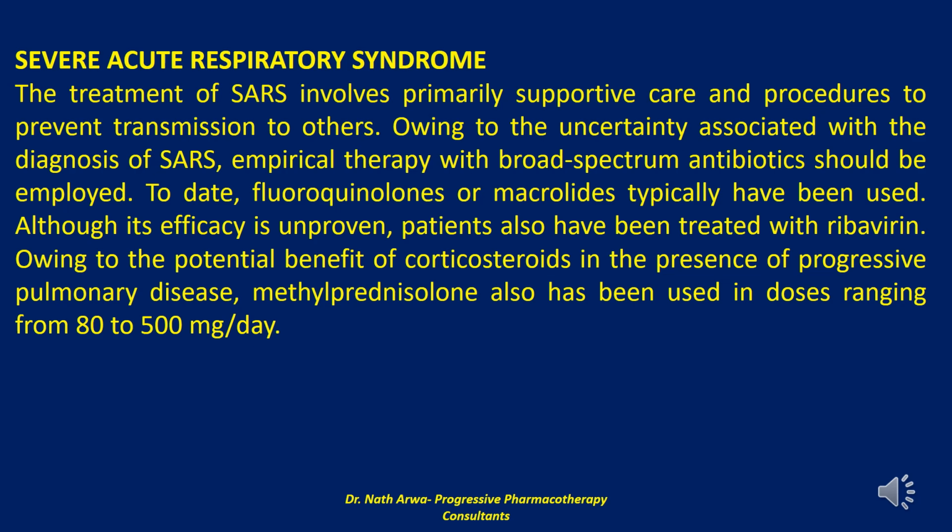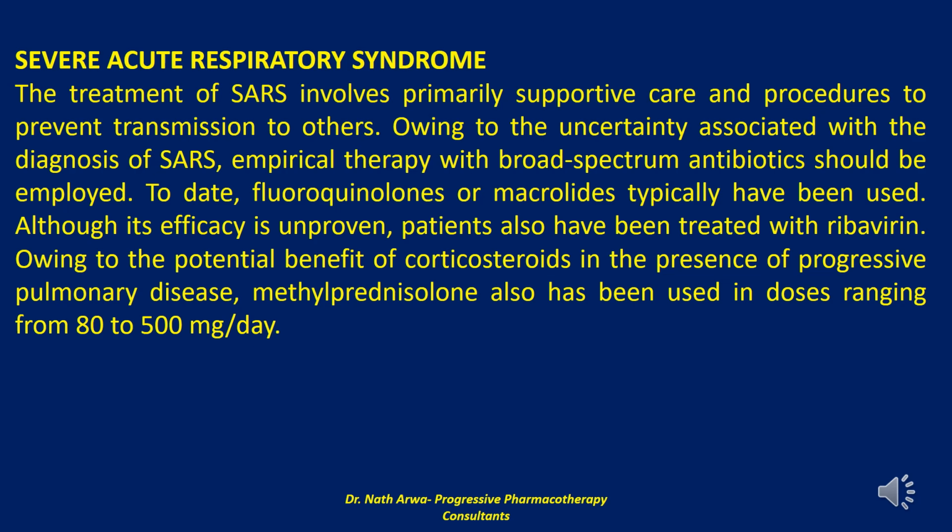The treatment of severe acute respiratory syndrome involves primarily supportive care and procedures to prevent transmission to others. Owing to the uncertainty associated with the diagnosis of severe acute respiratory syndrome, empirical therapy with broad-spectrum antibiotics should be employed.